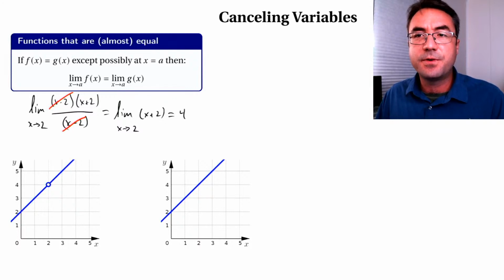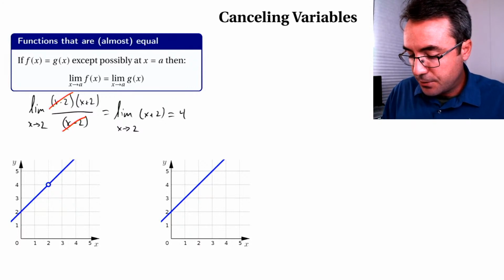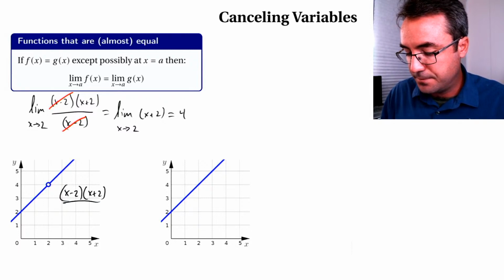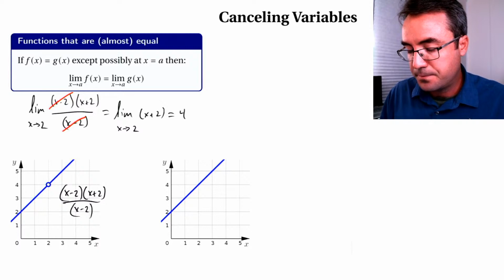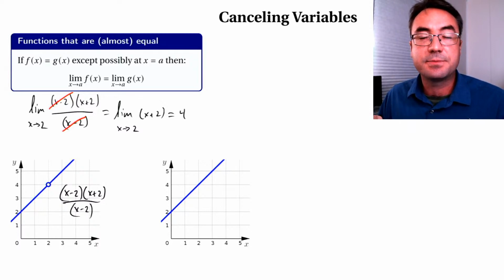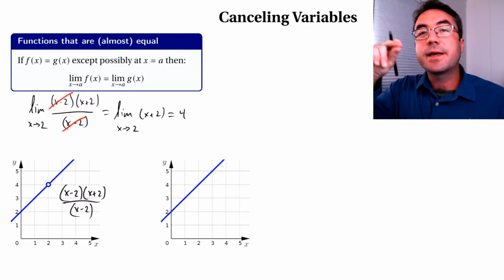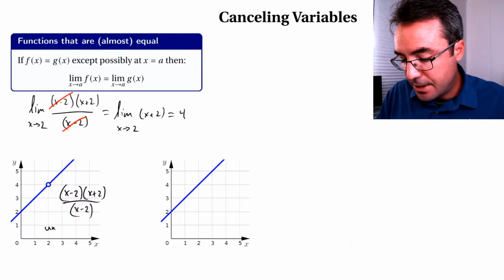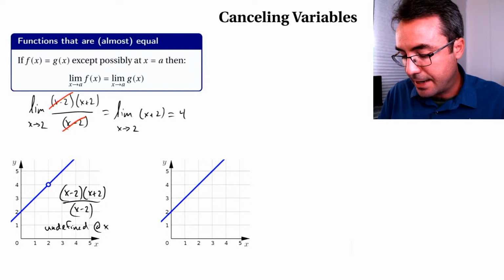So let's look at this a little bit more closely. Why are these functions fundamentally different? In this graph here, this is the graph of the function where we have the quotient, x minus 2 times x plus 2, all divided by x minus 2. And it looks like a line. Basically it is, but it has an undefined point. So it's undefined at x equals 2.